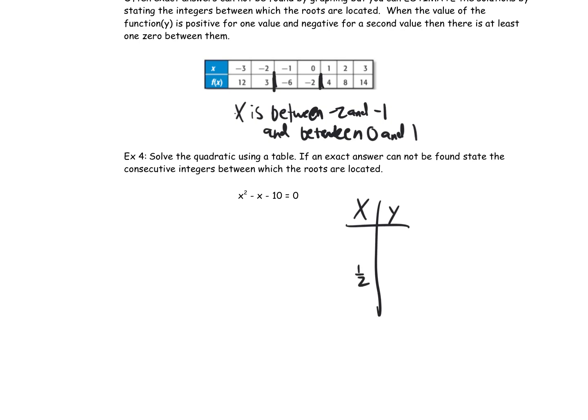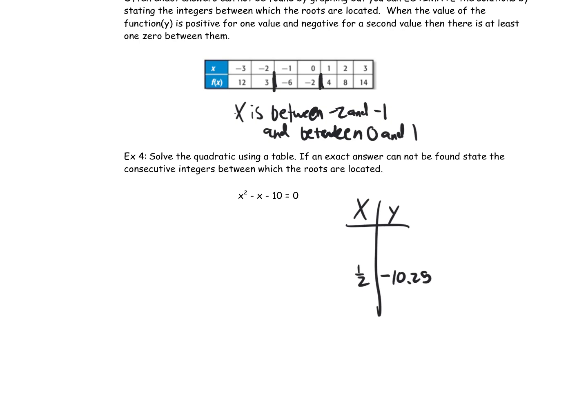And then if I run 1/2, that's going to be 1/4 minus 1/2 minus 10. All right, so 1/4 minus 1/2, so that's negative 1/4 minus 10, so that's negative 10 and 1/4, or negative 10.25 if you prefer. Then I'm just going to pick some whole numbers to the left or right.